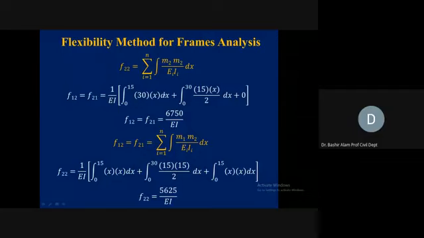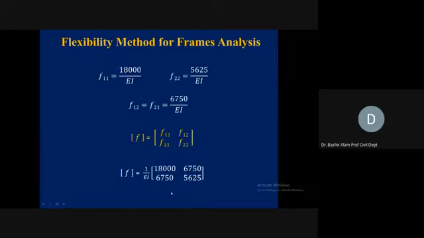So 30 times x dx, 15 times x dx, and this is 0. So F12 is equal to F21, actually this is the equation now. Then F22 is x times x, 15 times 15, and x times x. So F22 is coming, it is this value. The flexibility coefficient matrix is complete now.